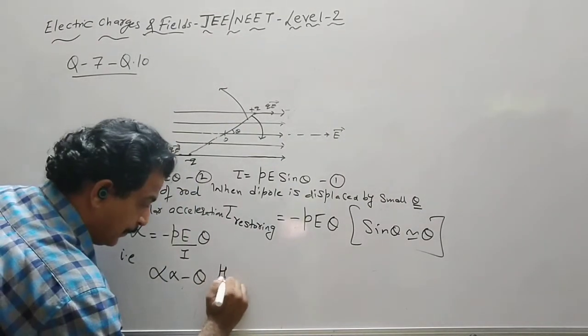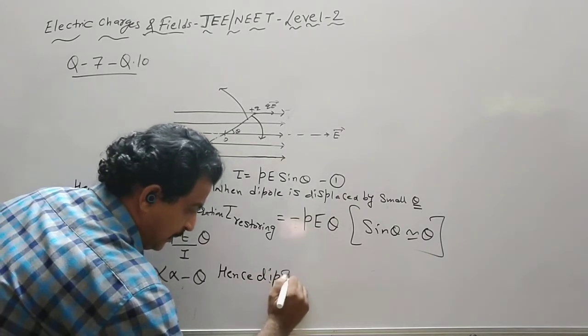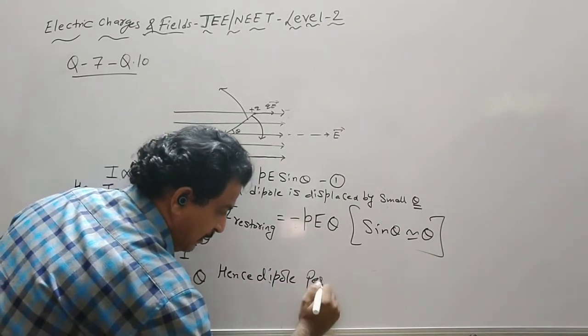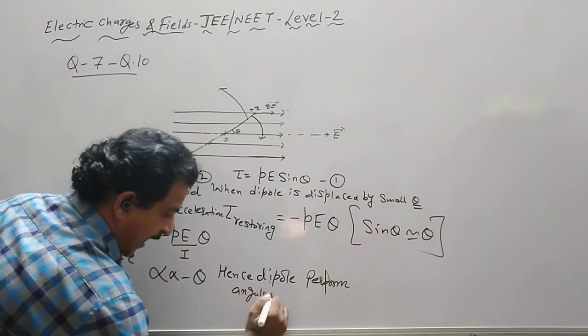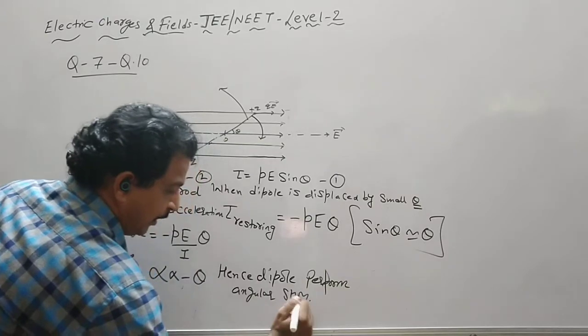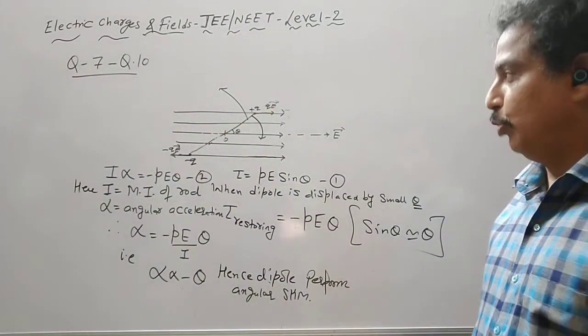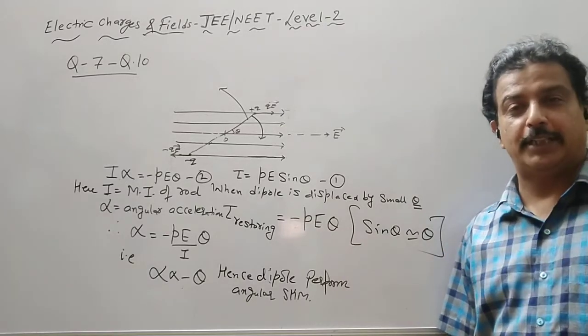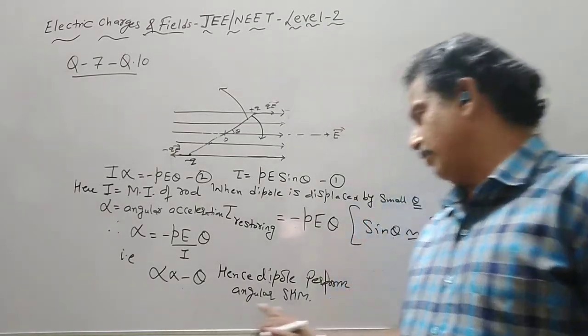Hence, the dipole performs angular SHM, or simple harmonic motion. Now if it performs simple harmonic motion, it should have frequency, periodic time and angular frequency. So we have proved that it will perform angular SHM.